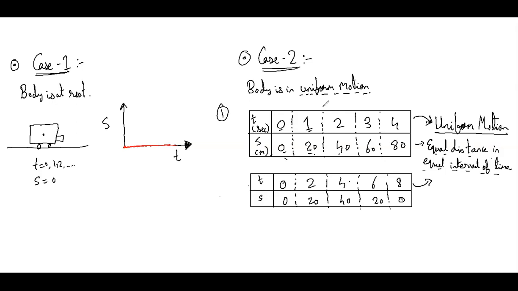So like this, every 1 second, the displacement covered is 20 meters. That is why we say that this is a uniform motion.